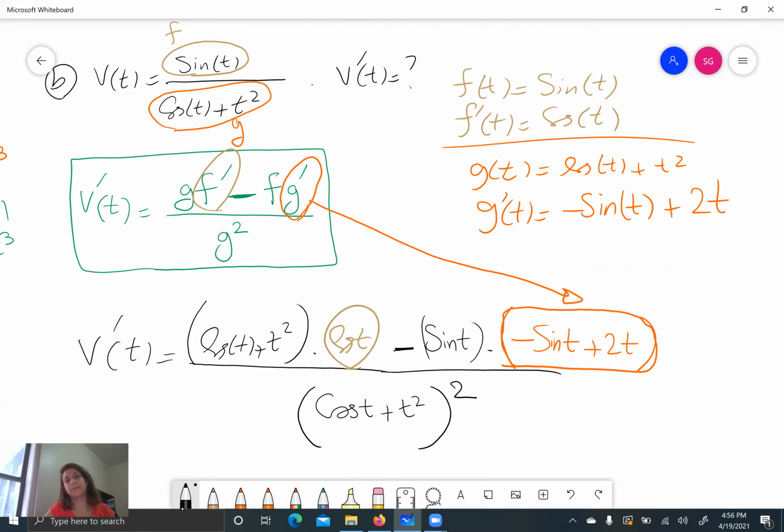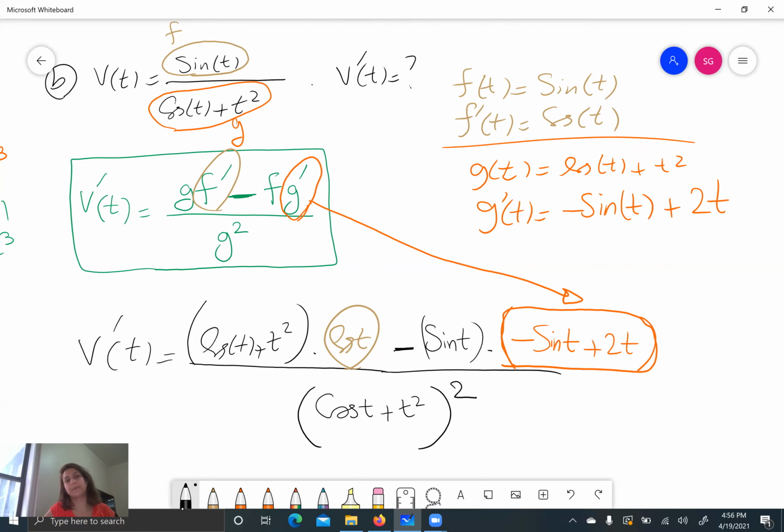So this is the function. Now, what's the question? The question is to find the derivative, s prime of y.